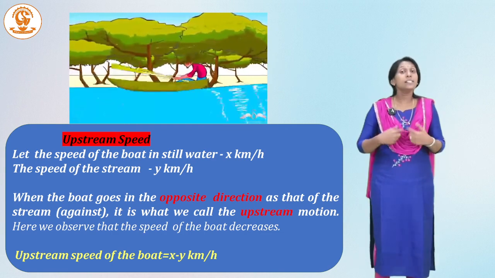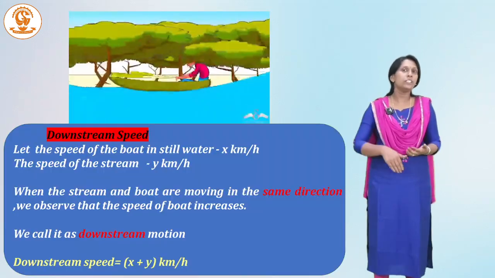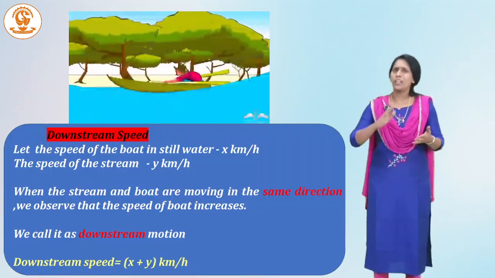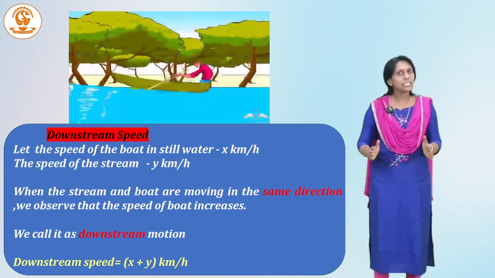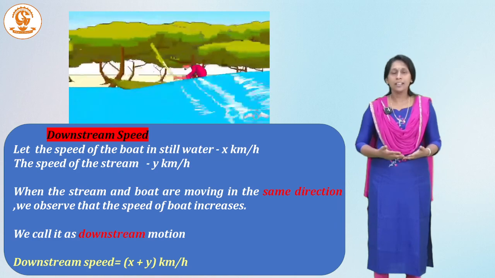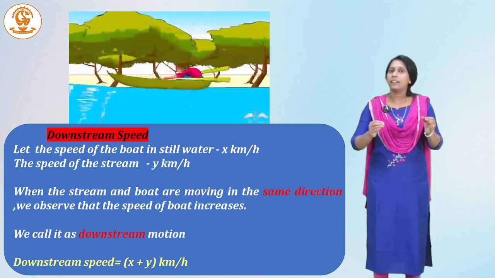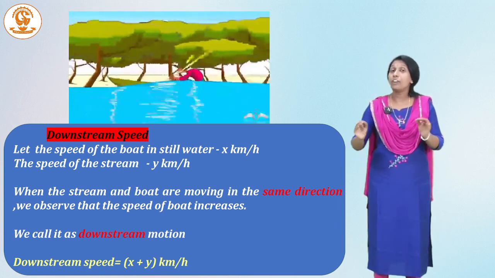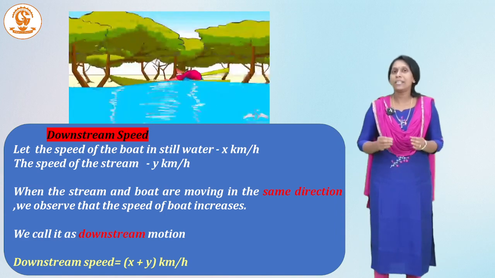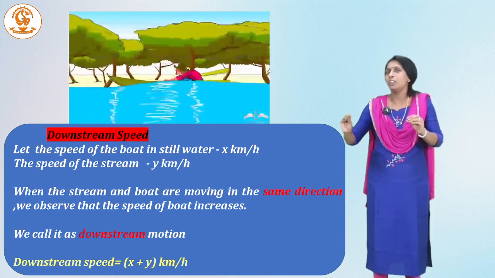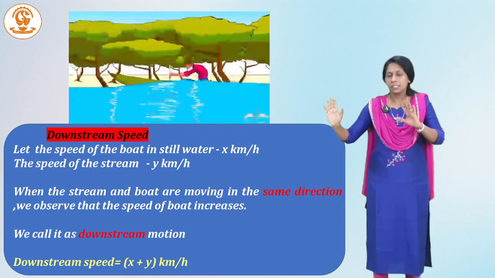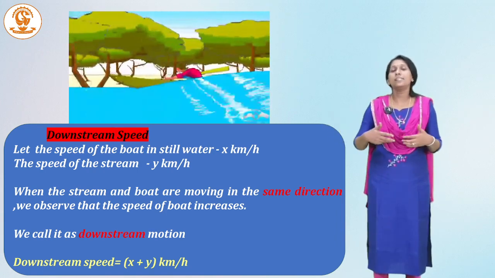Now discuss the second case, when the boat is moving downstream. What is the meaning of downstream? The boat is moving with the stream, isn't it? Again, let x be the speed of the boat in still water and let y be the speed of the stream. So what is the downstream speed?